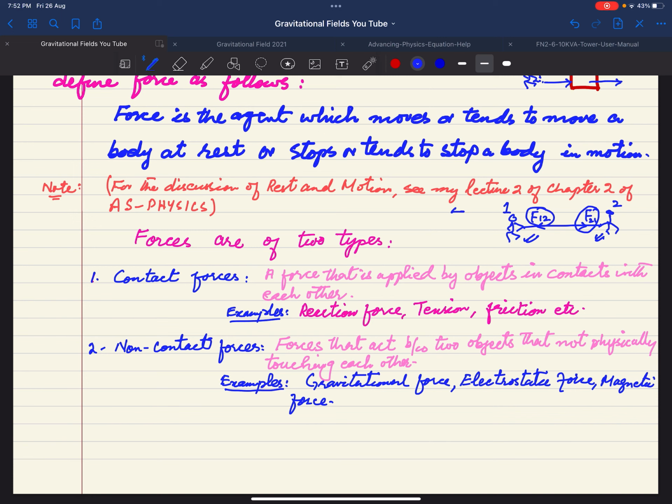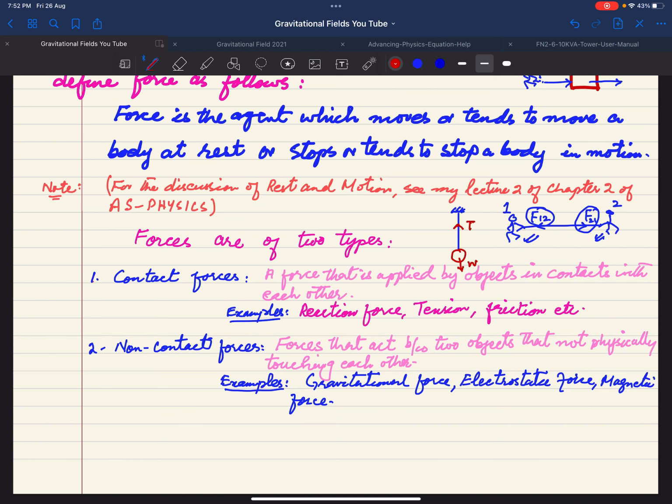There are a number of examples of tension. Suppose a body is hanging with a cord, then the weight of the body is acting downward. If the body is not coming down, there must be a force in the upward direction in the rope which balances the weight of the body, and this force is termed the tension.